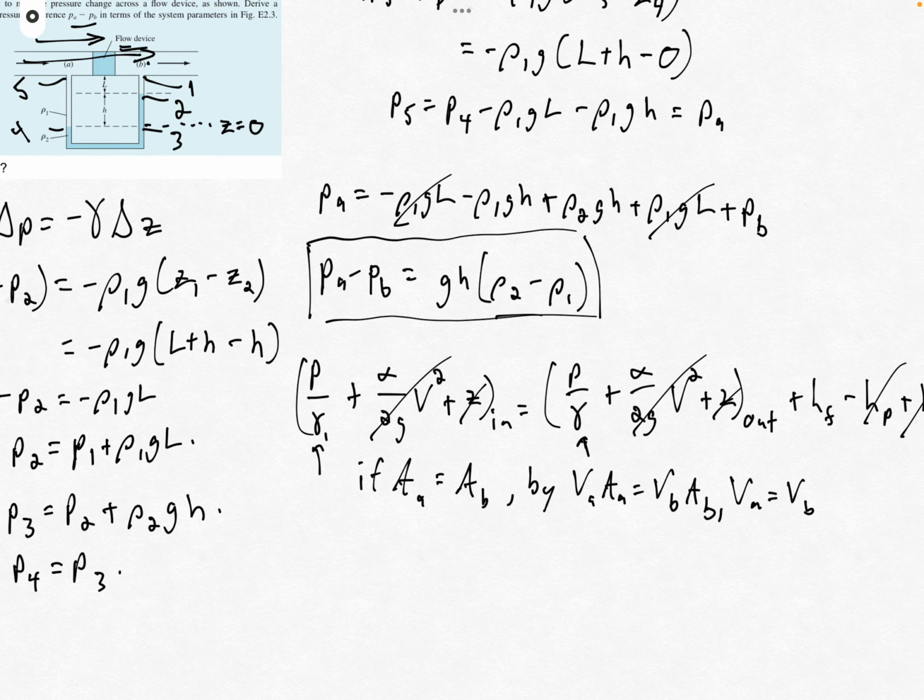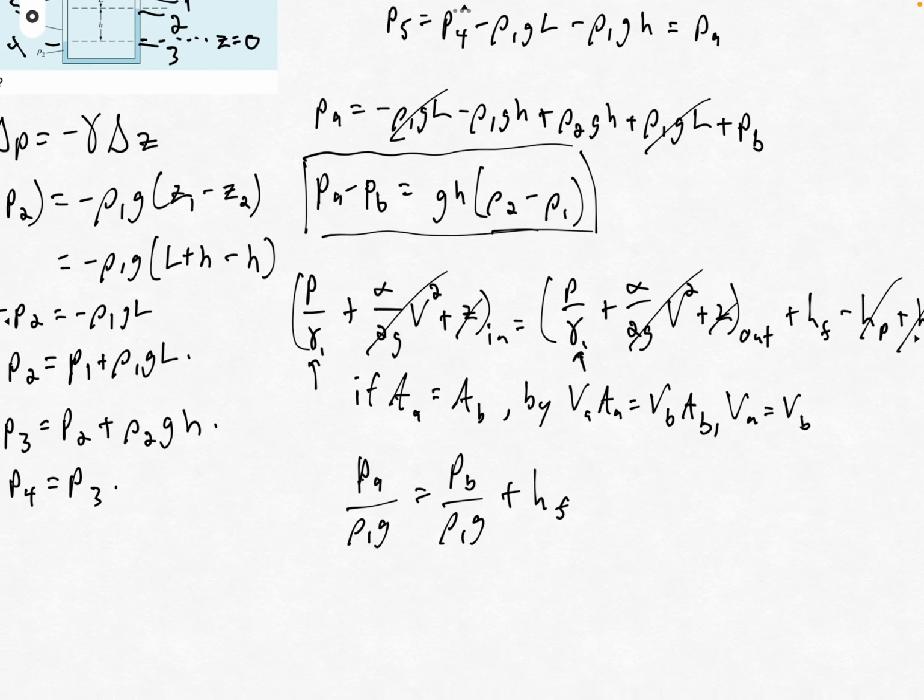So we can rewrite this as gamma 1. And so simplifying this, and plugging in A as the inlet and B as the outlet, we're going to have that PA over rho 1 G is equal to PB over rho 1 G plus HF.